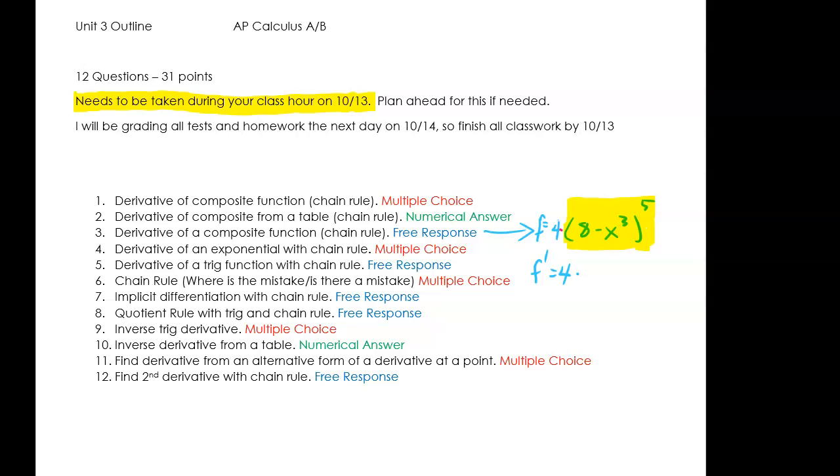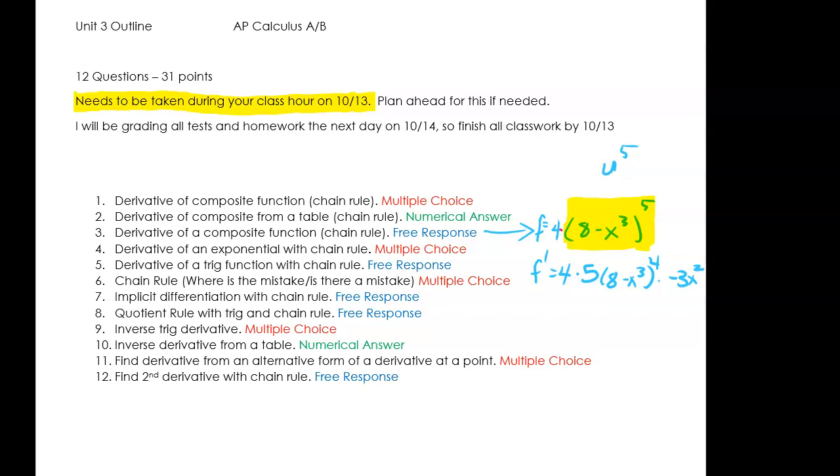I have a feeling a lot of people in here would do this as u substitution. So in their head, it's u to the 5th. And the derivative of u to the 5th would be 5u to the 4th times du. And then the derivative of u would be negative 3x squared.